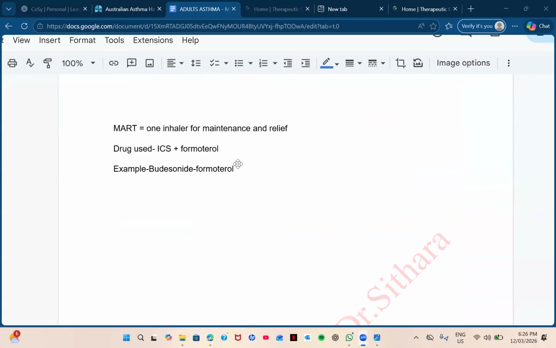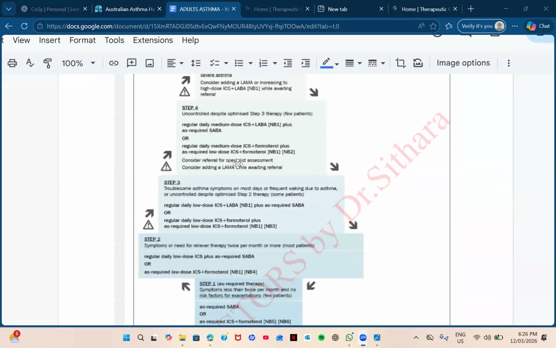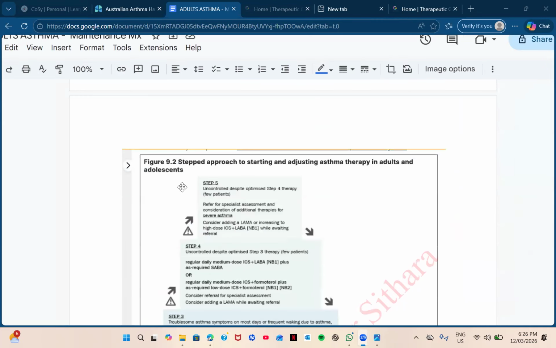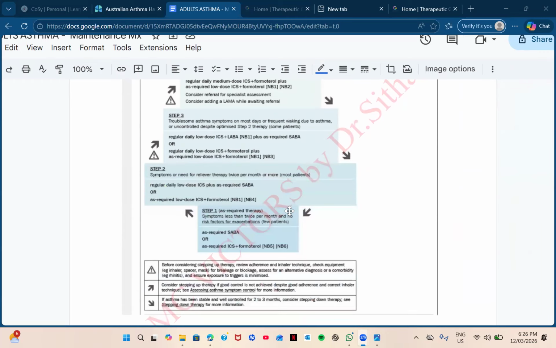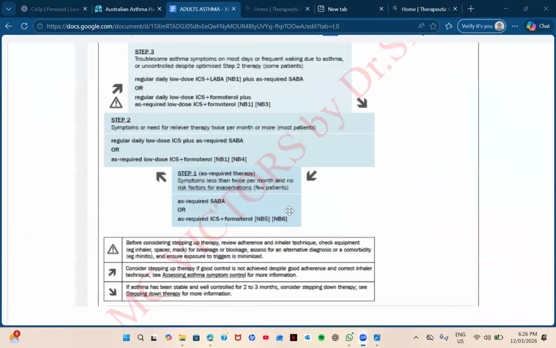Here they have given a huge chart mentioning everything, but this chart is not wrong. This chart also explains everything properly.